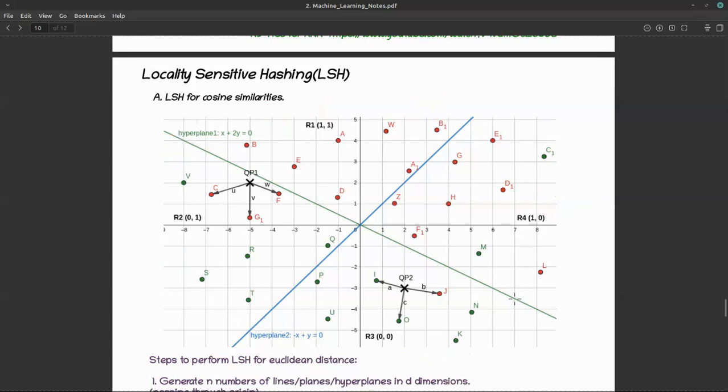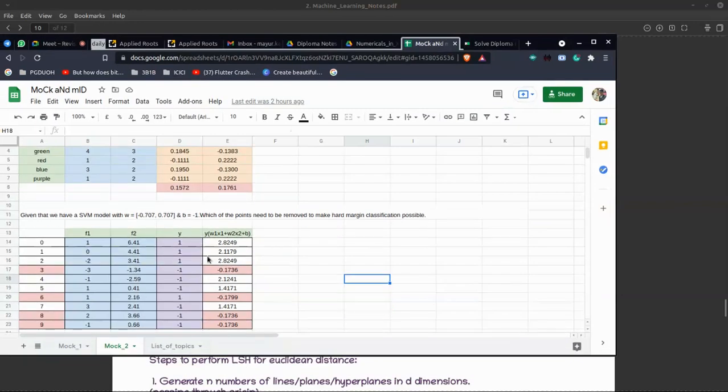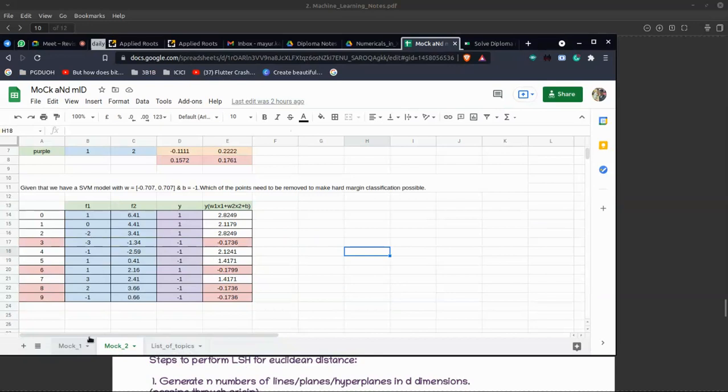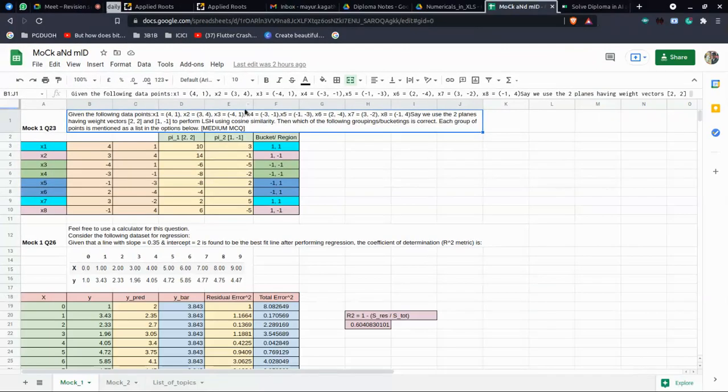Any doubt, guys? We have one question, I guess, for LSH also, bucketizing. Let me pull it up quickly. Yes, this one. We had these 8 data points given. Given the 8 data points, say that we use two planes having the weight vectors 1, -1 and 2, 2, and perform LSH using cosine similarity.